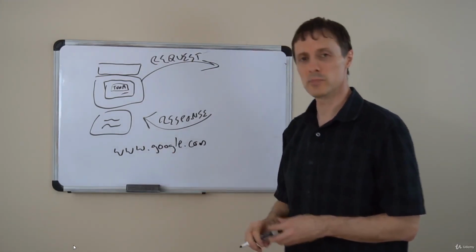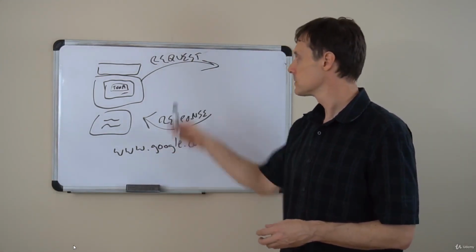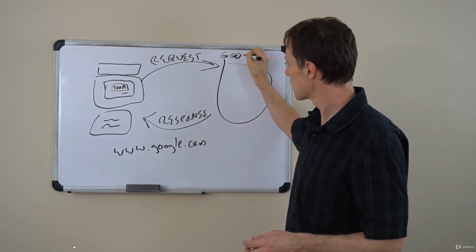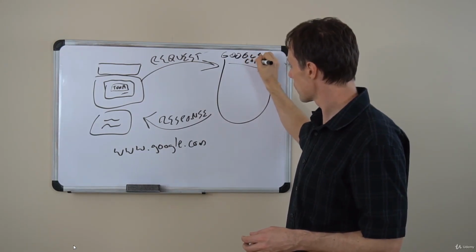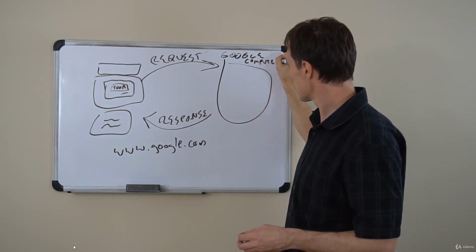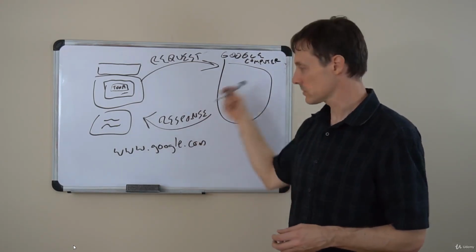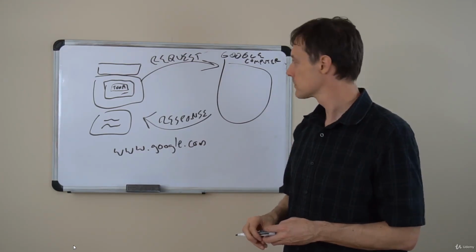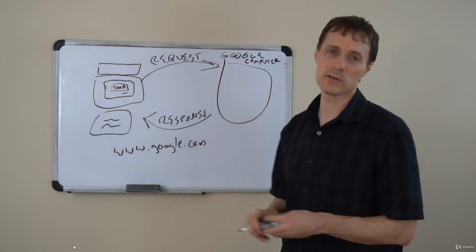This means Google computer, right? So the request is made to a Google computer. We don't know where, but we know it's a Google computer. It's made to a program on this Google computer.